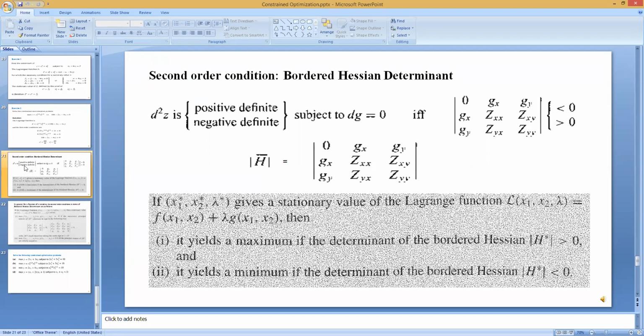The second order condition, as I mentioned, will be defined in terms of the bordered Hessian determinant. Look, here I'm mentioning that d square z is positive definite subject to dg is equal to 0 if and only if the second order bordered Hessian determinant is less than 0.